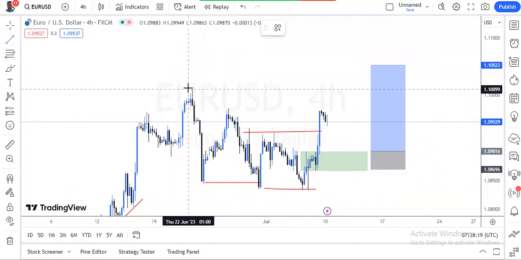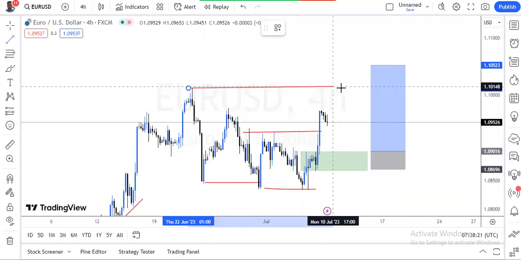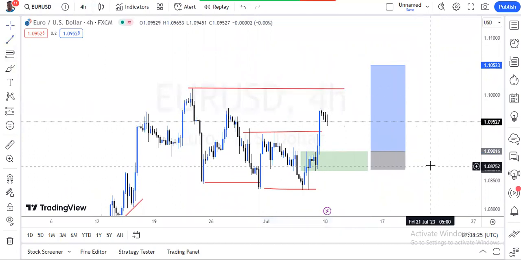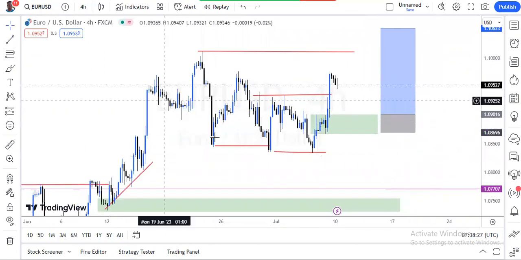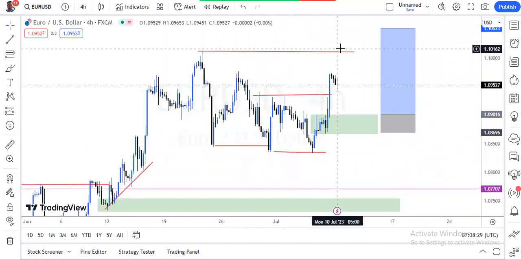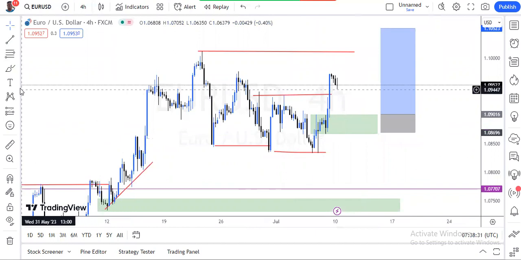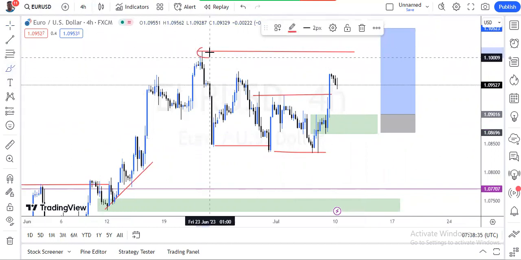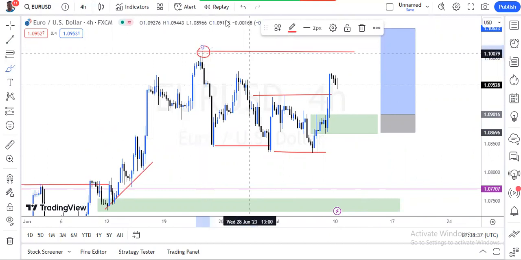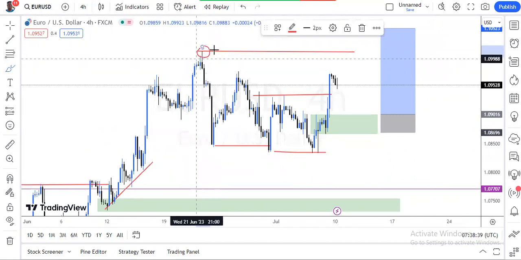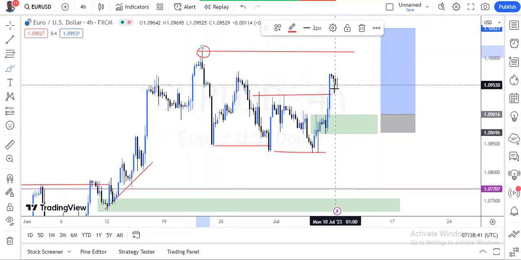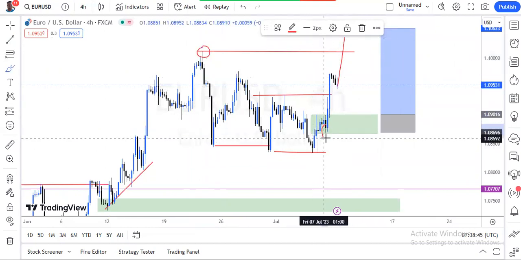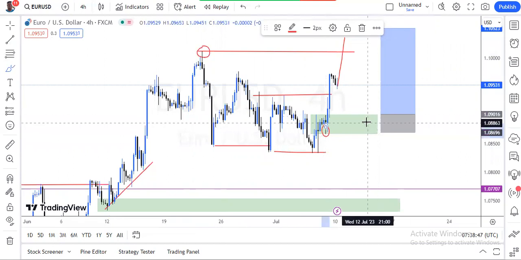Here, remember we said the dollar index is going to be taking that macro structure low, and here we are going to be taking this macro structure high. So when we take off the liquidity that is resting here, as we go up like this, know that liquidities have been created. This liquidity is resting here.